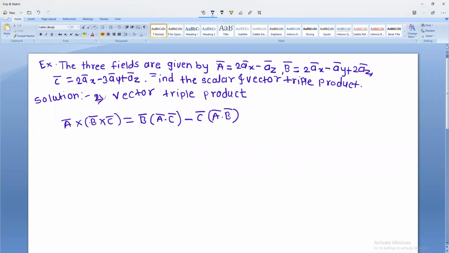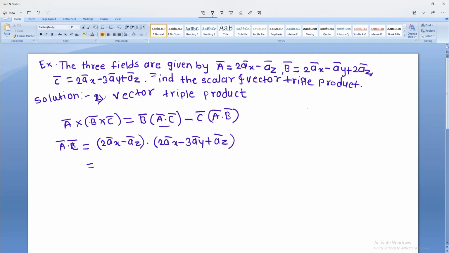Okay. Now first we have to find this dot product. A bar dot C bar and A bar dot B bar. So A bar dot C bar is equal to. A bar is 2A bar X minus A bar Z, dot product with C bar, which is 2A bar X minus 3A bar Y plus A bar Z. Okay.